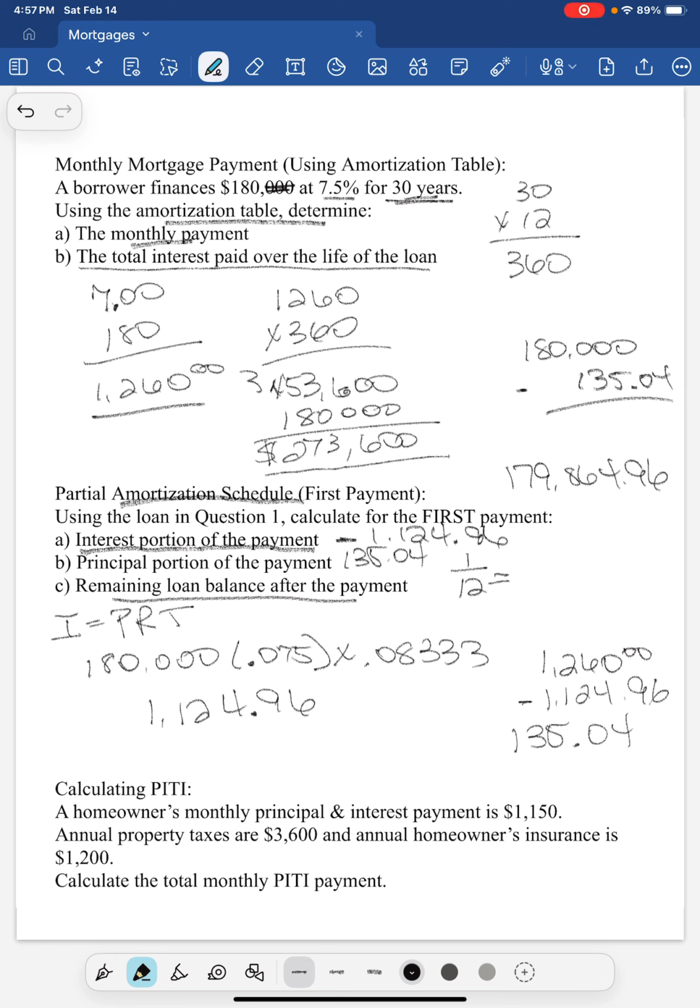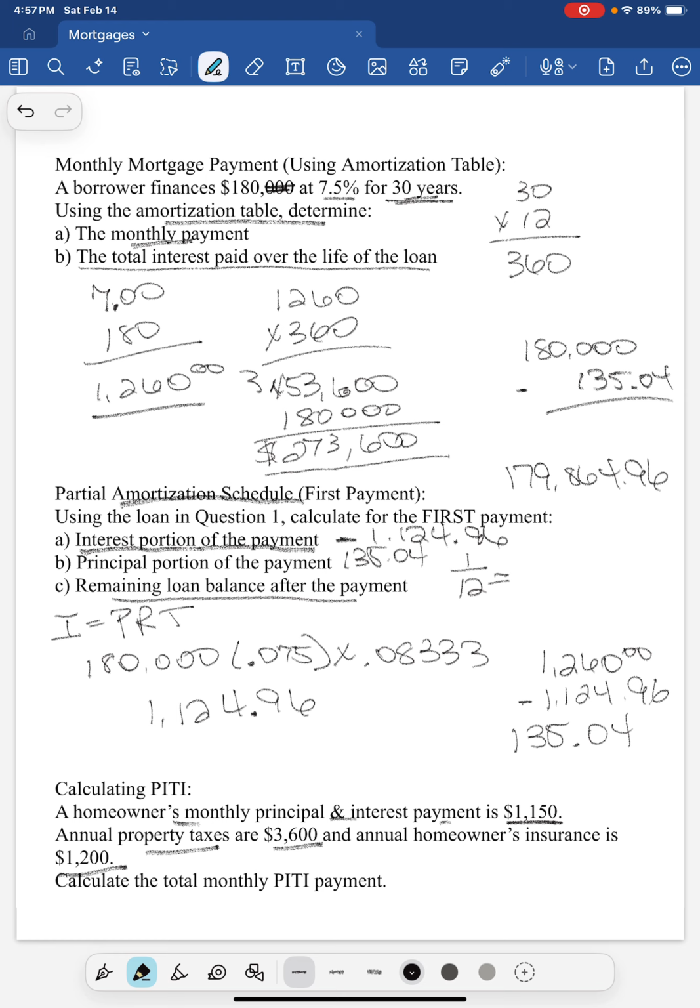And PITI is a total of the homeowner's monthly principal and interest payment, which would be this, property taxes, which are this, and homeowner's insurance, which is this. So the total PITI, you just are going to add these up.